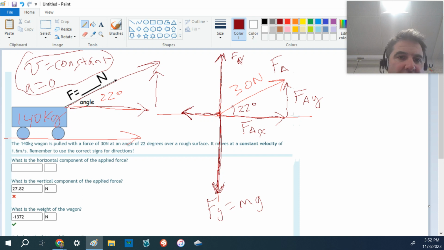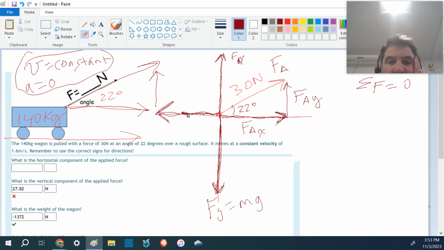If a equals 0, then our net force has to be 0, which means all of our ups and downs have to cancel. So if our net force must be equal to 0, then all of these arrows have to somehow cancel, right? So if I look at these arrows I actually have, that means this sideways FAX has to be the same size as this FK.